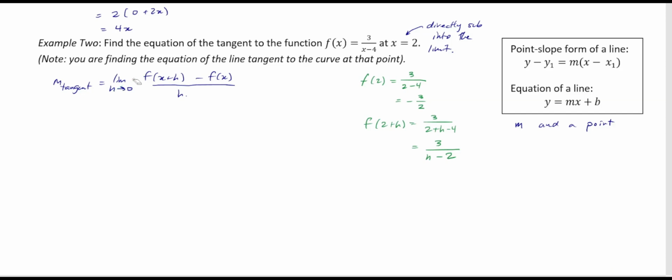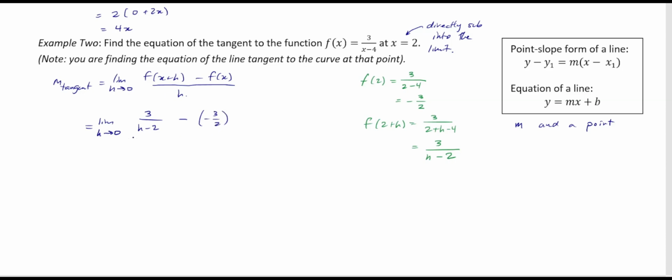Okay, so going back to this equation right here, I'm going to have my f at x plus h, so limit as h approaches 0, f at x plus h is equal to 3 over h minus 2 minus f at x, which is just negative 3 over 2.